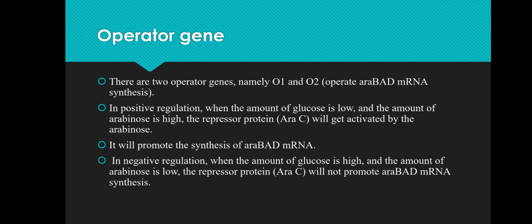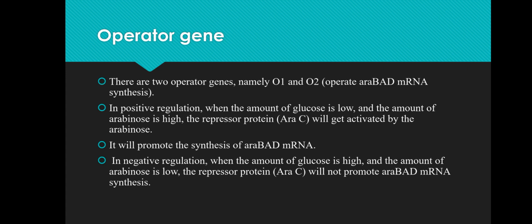Now let's talk about operator gene. There are two sites in operator gene, that is O1 and O2, which operate ARA-BAD, that is structural genes for synthesis of mRNA. Here, the positive regulation occurs when the glucose is low and arabinose content is high.